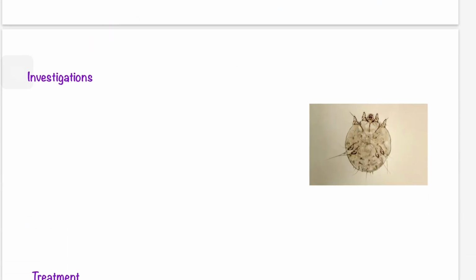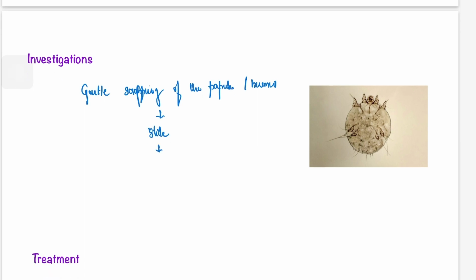And how would you investigate the patient? Mostly, the diagnosis could be attained clinically. Suppose you have a doubt, then what you would do is gently scrape the papule or the burrow, take the scraping and put it on a slide and add KOH or normal saline.